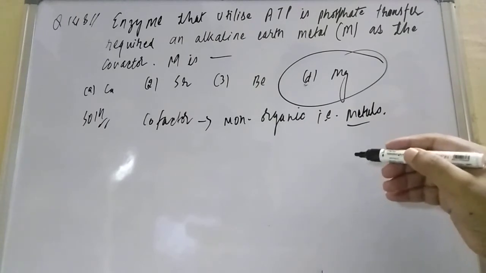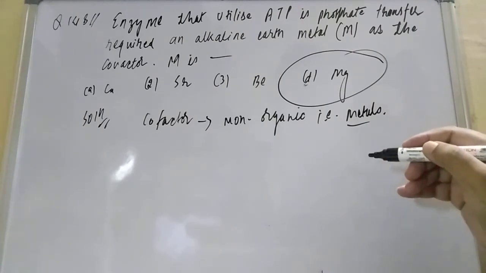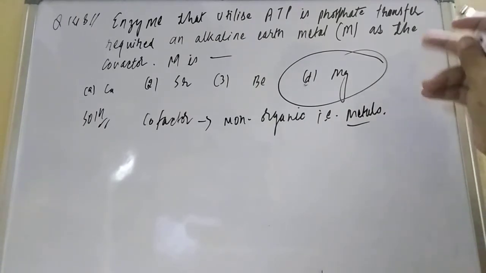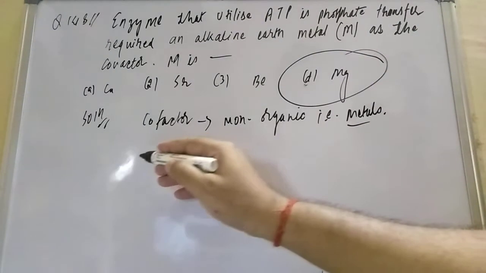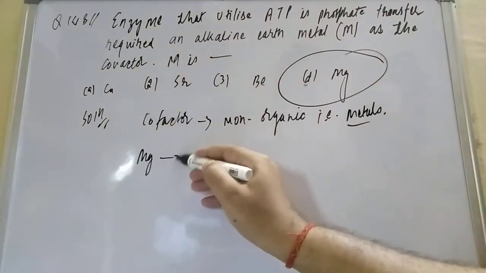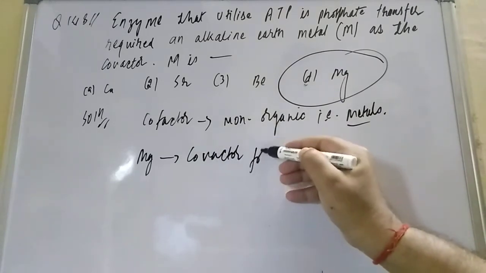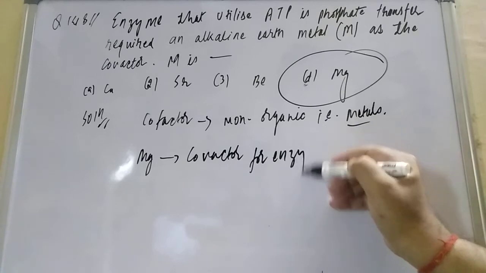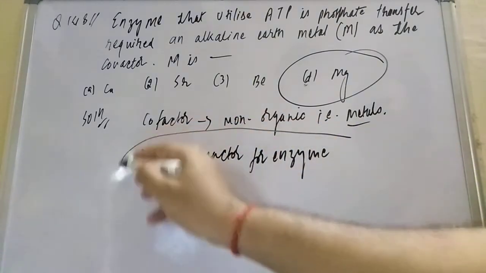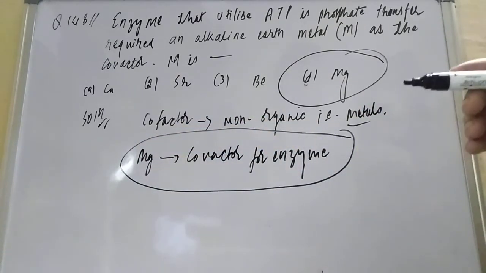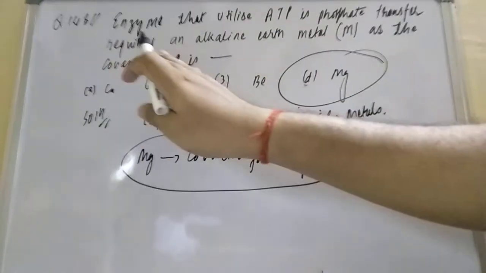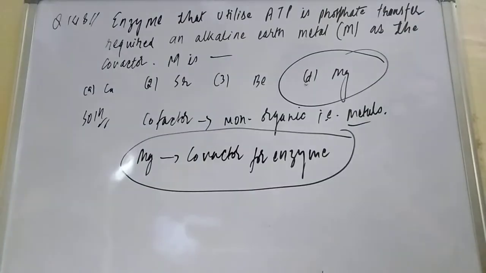Magnesium acts as a cofactor for enzymes. So here if you write, magnesium is acting as a cofactor for enzymes. So the correct option is option number D. This is a very simple problem. None of the other options matches the cofactor. The only option matching is option number D.